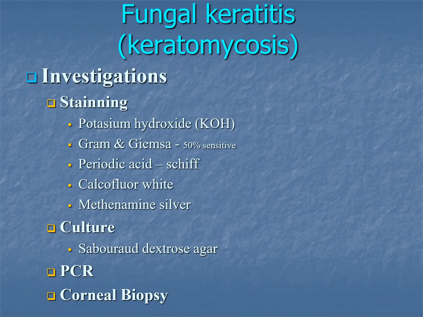How will you investigate a case of fungal keratitis? Here, we do the staining with potassium hydroxide, Gram and Giemsa stains, periodic acid Schiff and calcofluor white and methenamine silver stains.